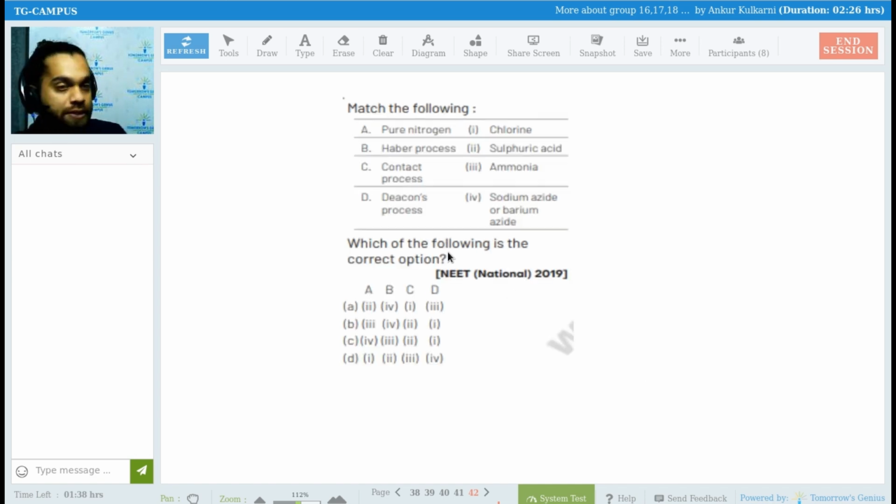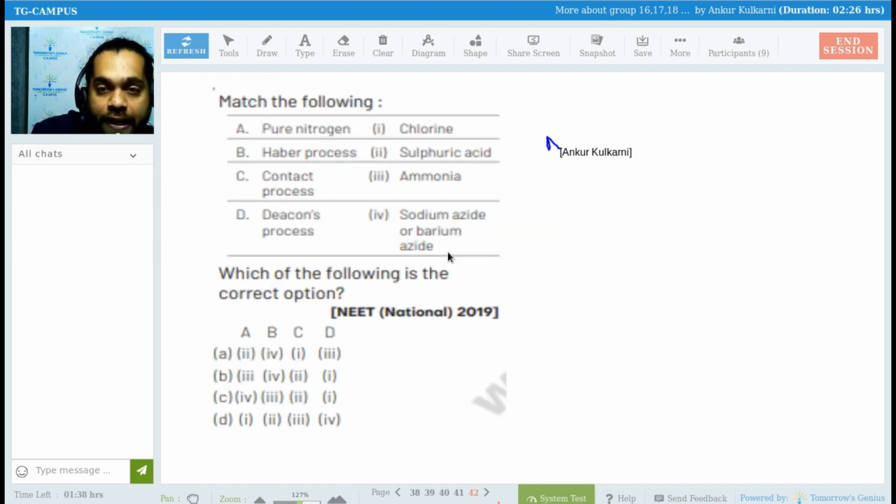What do we prepare with the help of the Haber process? Correct. With the help of the Haber process, we prepare ammonia. What is our Haber process? If I mix nitrogen plus hydrogen, I'll get the ammonia. That is my Haber process.